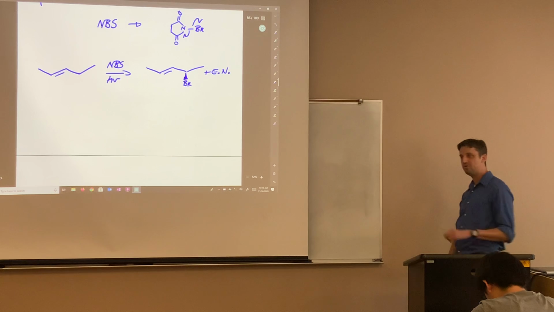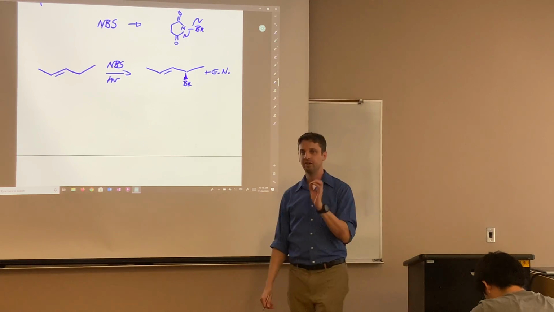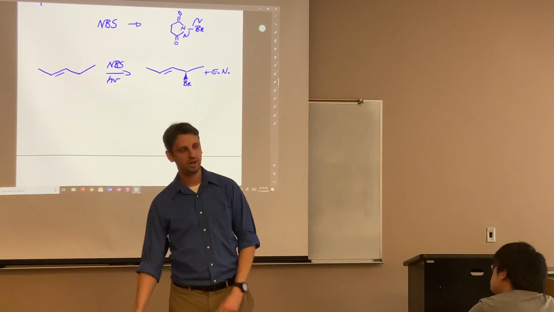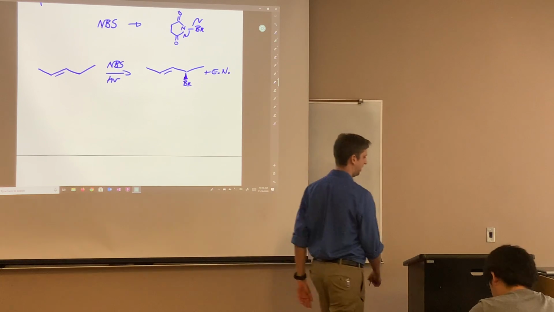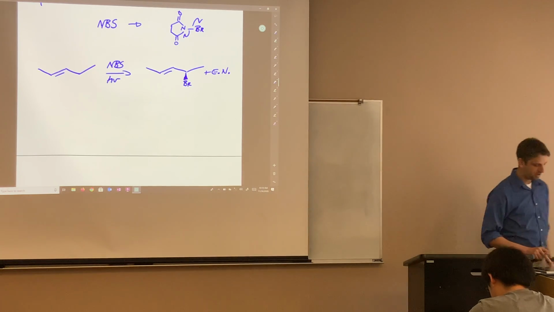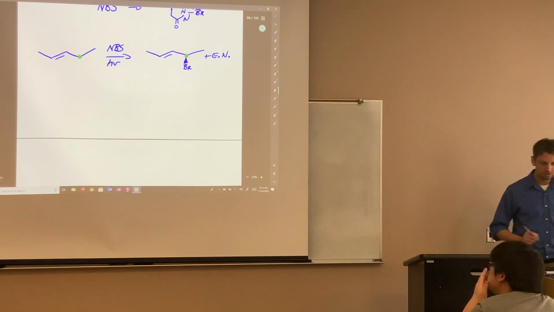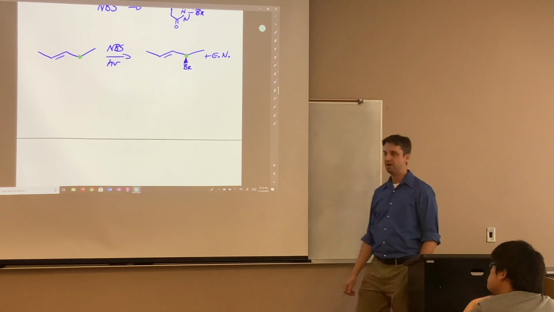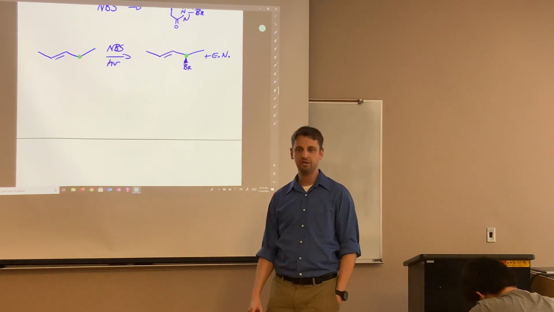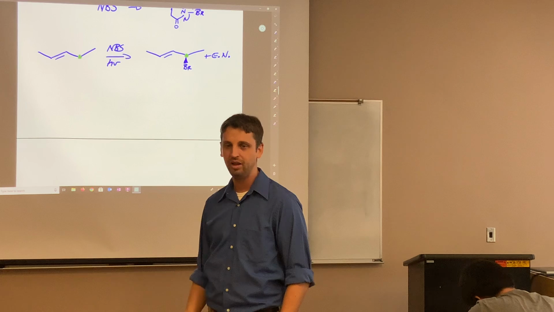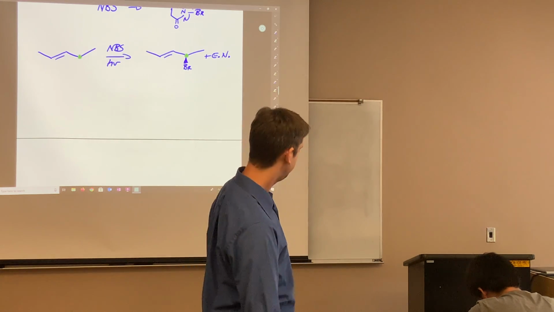And we go through and do what's known as allylic halogenation. Now an allylic carbon is the carbon that is next door to a double bond, right? A carbon that is next door to a double bond. That is an allylic carbon.